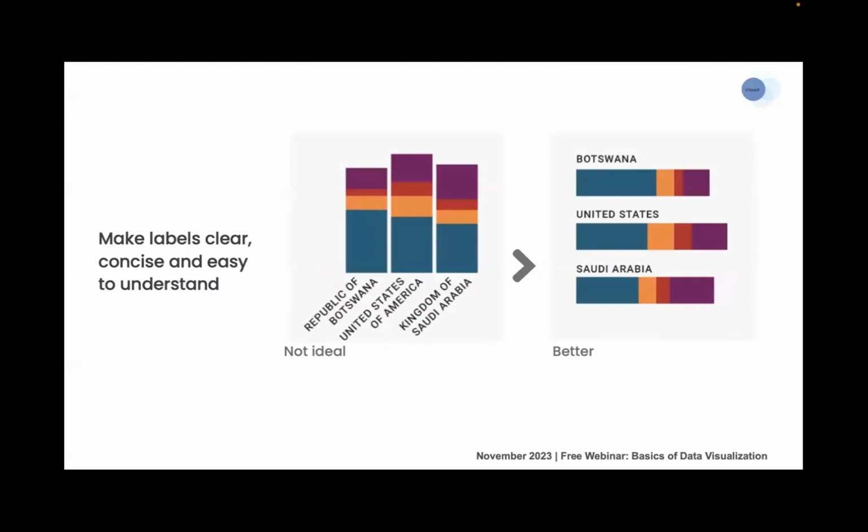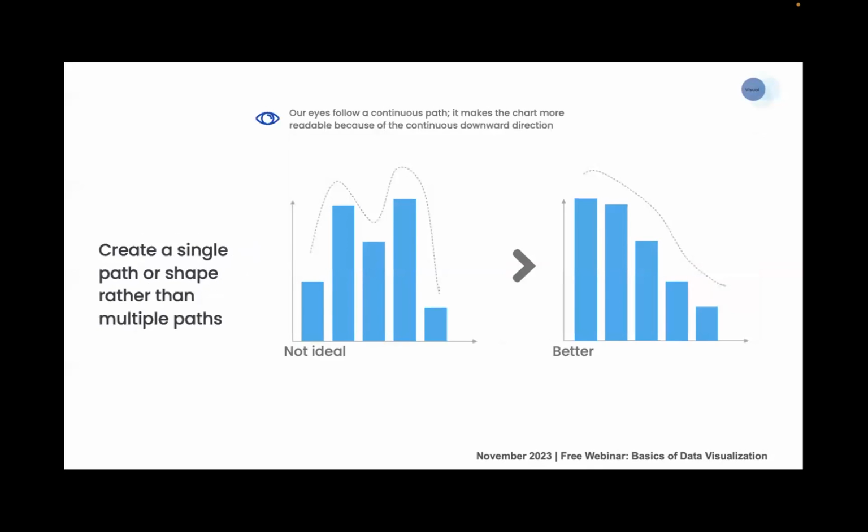This is very obvious. So the typical example for this is months. January, February, December. We don't need to say it; it could be just J or the number 1 for January. Make labels very easy. Another one is this.